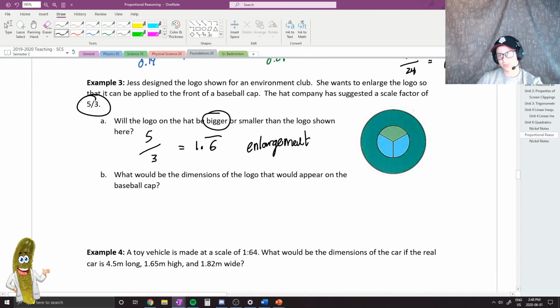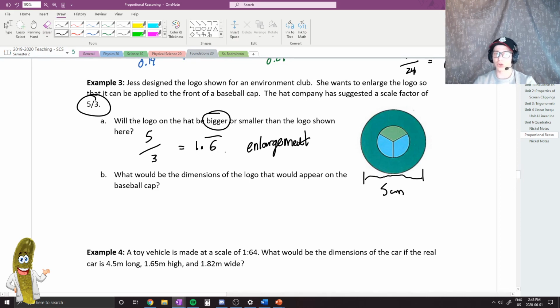Enlargement, like such. The next question was, what would the dimensions of the logo that would appear on the baseball cap be? If we were in the classroom, I'd have you measure this with a ruler. Because we're not, that's how big the logo is. It's 5 centimeters drawn on your page. Well, we know that we want to enlarge it by 1.6 times. And the way I'm saying that is important.